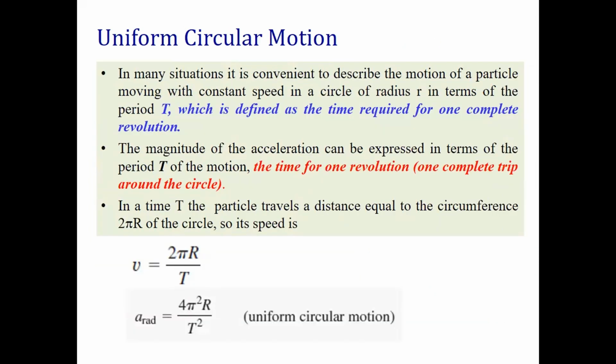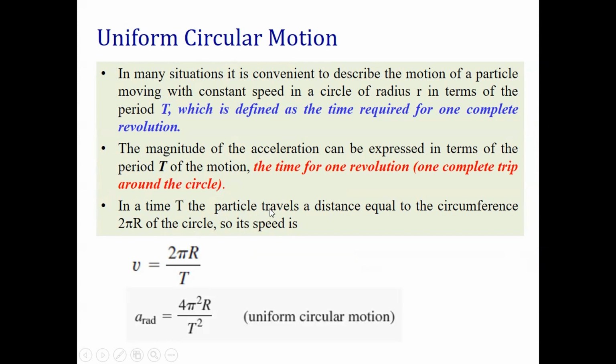In many situations, it is very convenient to describe the motion of a particle moving with a constant speed in a circle of radius r, small r or capital R, in terms of the period T. The period is defined as the time required for one complete revolution. So the magnitude of the acceleration can be expressed in terms of this period, the time for one complete trip around the circle.